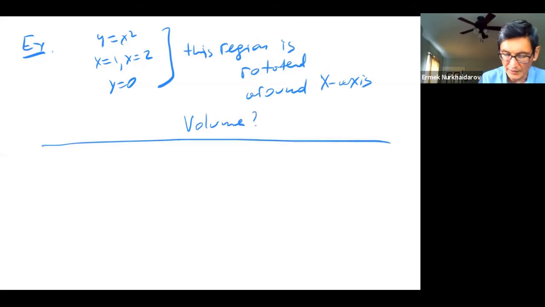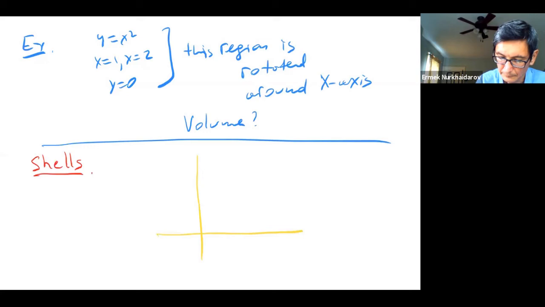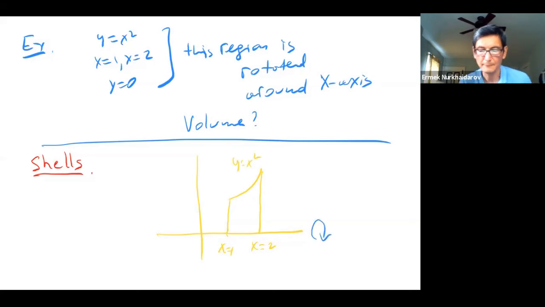Let's see why shells here are going to be not so nice. Y equals x squared, x equals 1, x equals 2. We are rotating around the x-axis.